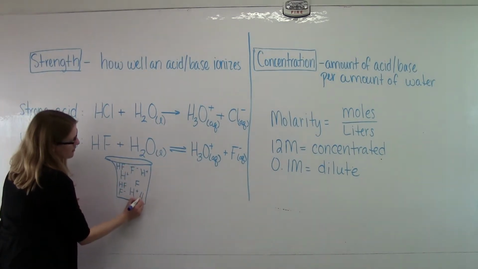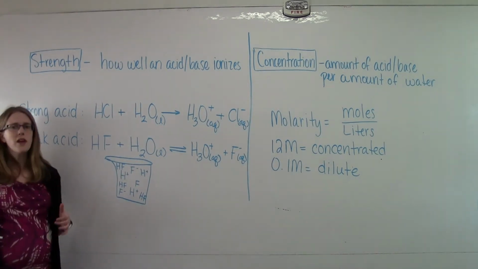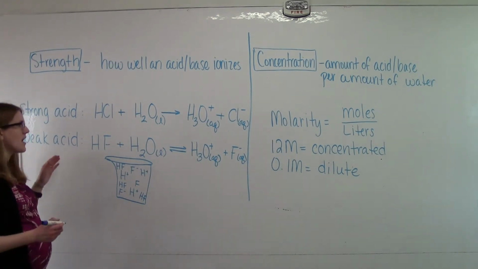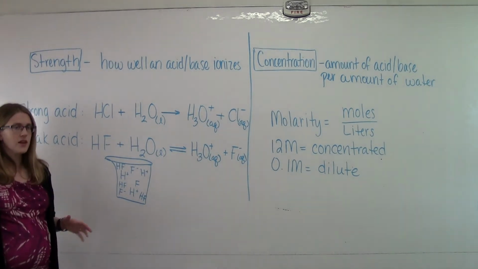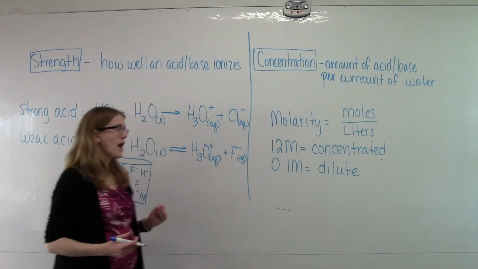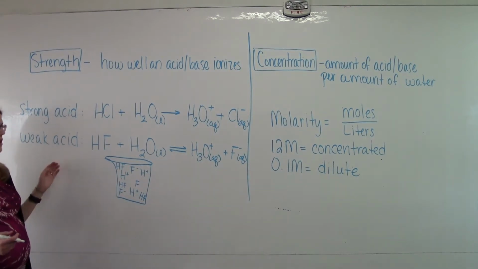So not all of it ionizes. That's what it means by being weak, okay? Weak does not necessarily mean that it's not as dangerous. We can have weak acids that are very concentrated. And actually, hydrofluoric acid is not an acid you want to hang around even though it's weak, okay?